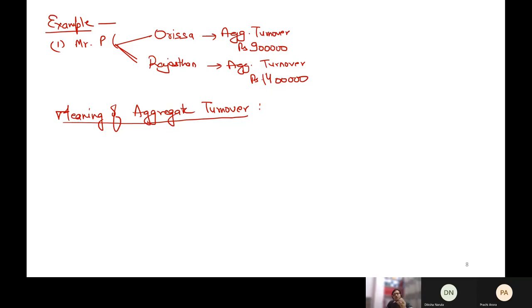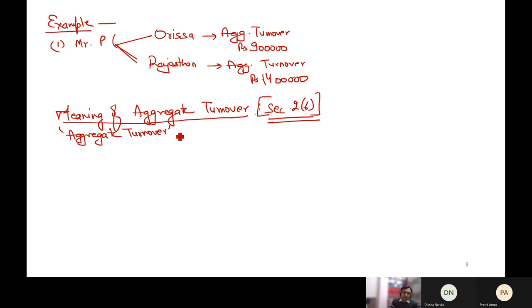Neither was it defined in the composition levy scheme. In composition levy, some words were used, some sentences were used, that aggregate turnover should include the following or it will not include the following. But overall, what is aggregate turnover? So I need to take the help, and I have taken this help in composition levy also, from section 2 clause 6 of the CGST Act. And do you remember what was defined there in section 2(6)? How have they defined aggregate turnover? I will show you that Act also, but let me see whether you remember the concept done in the composition levy scheme or not.